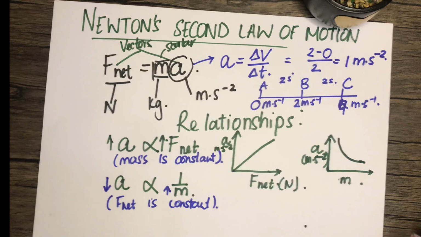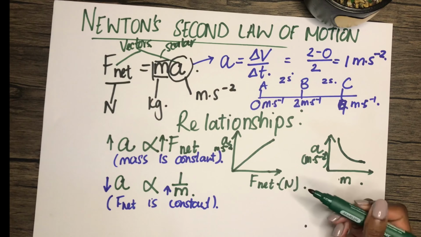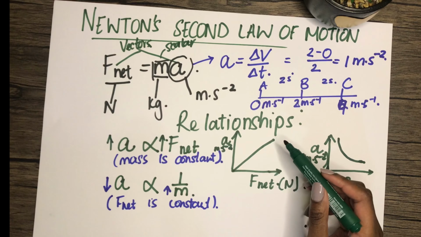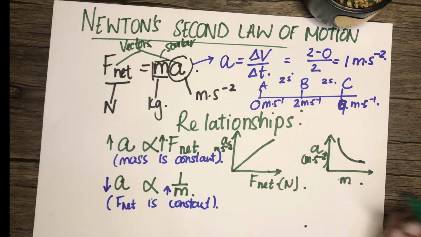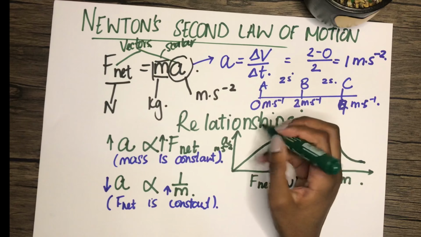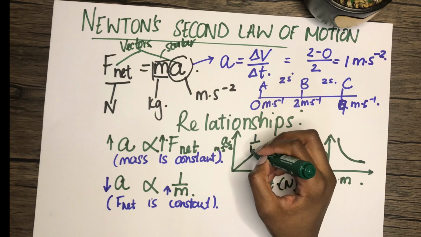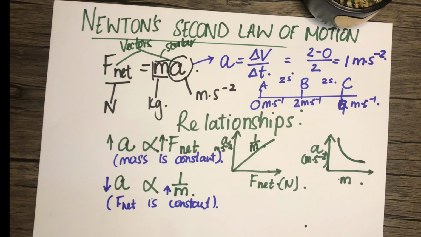From here, remember I said something must remain constant. We know for a straight line that the gradient is constant. So the gradient of this graph should give you your constant variable. In a calculation like this, the gradient is going to be 1 over m.